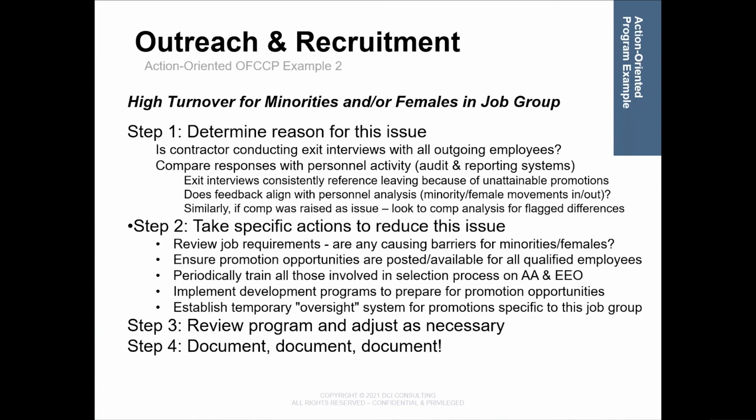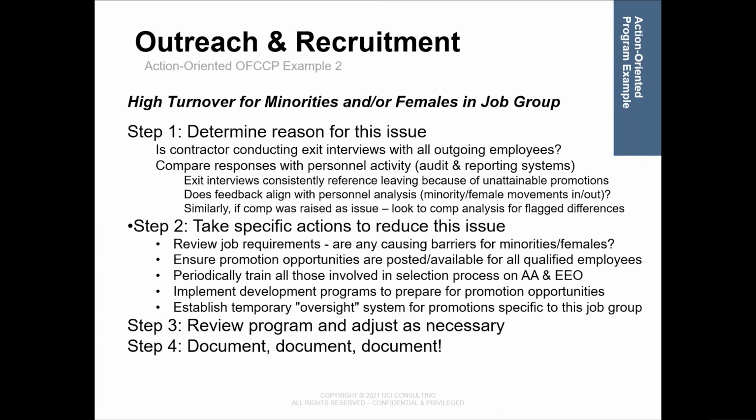So you can see here how, since compensation is part of that company audit and reporting system, they've relied on using the elements in your annual requirements of auditing and reporting to help facilitate an idea of why this female turnover was so high.